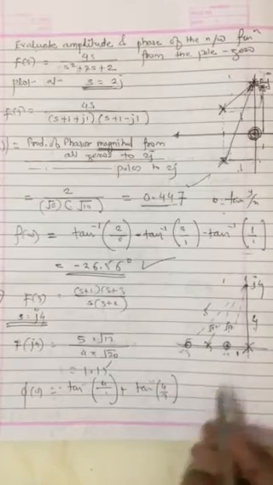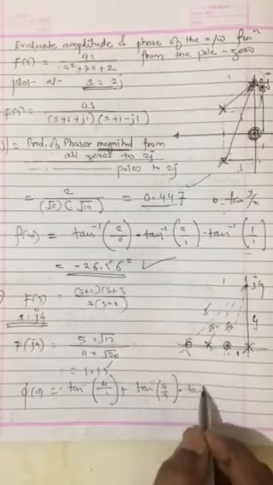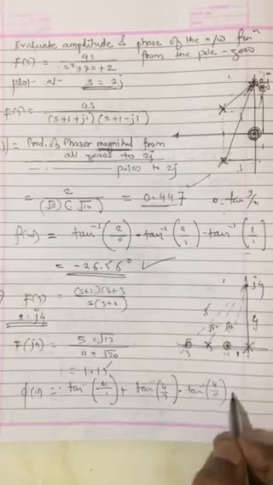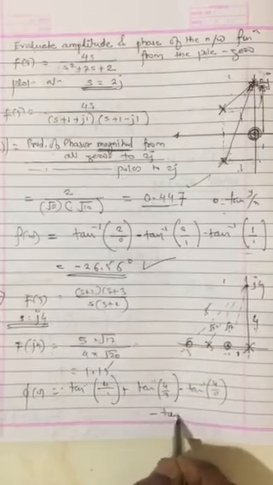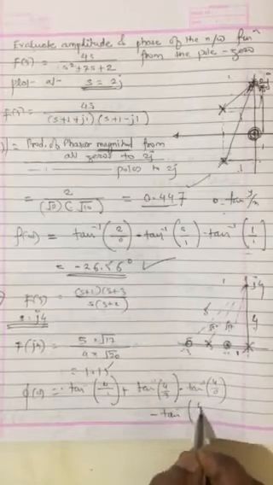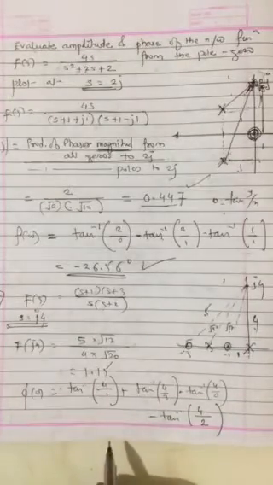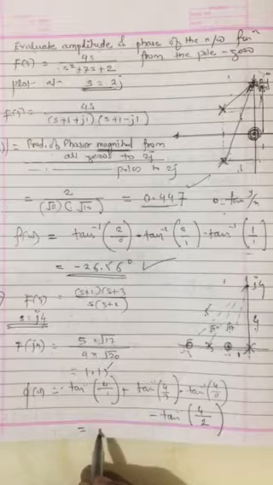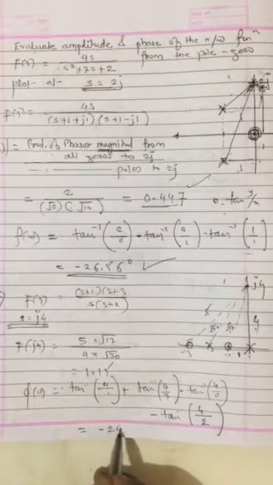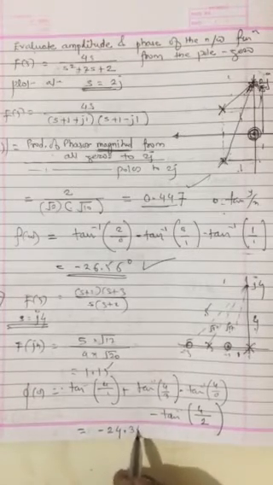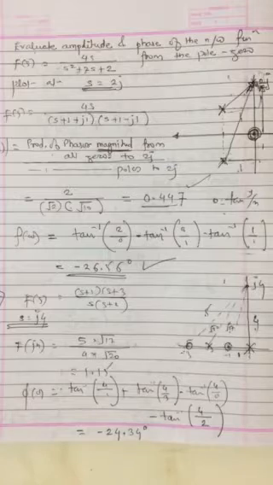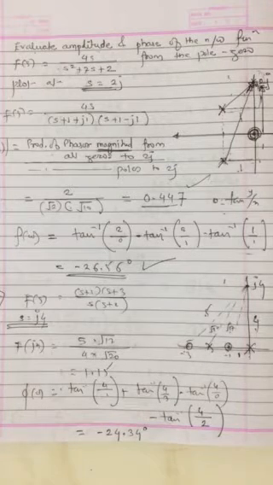Then for poles we take minus tan inverse of 4 by 0 and minus tan inverse of 4 by 2. If you solve this, you will get the answer as minus 24.34 degrees. So this is how we have to solve this example.